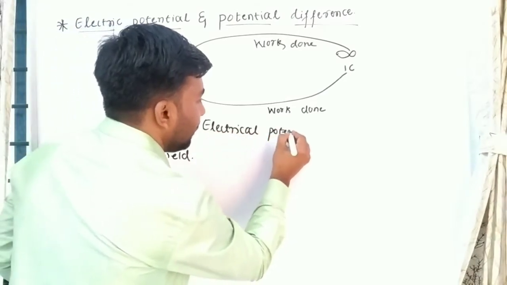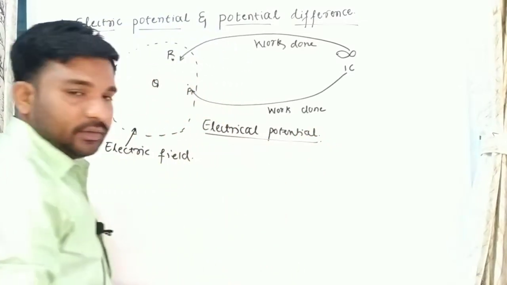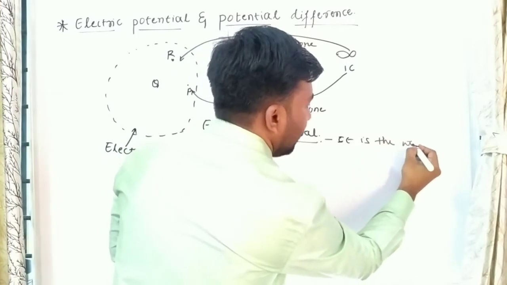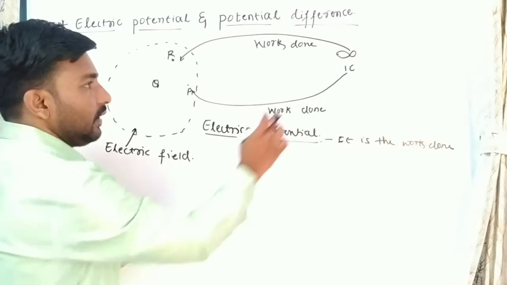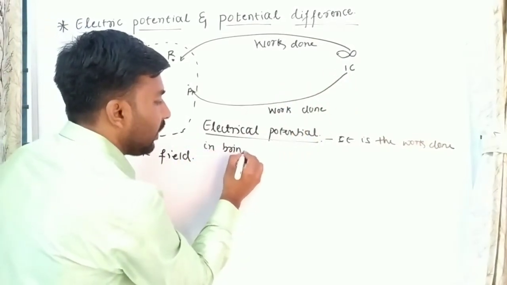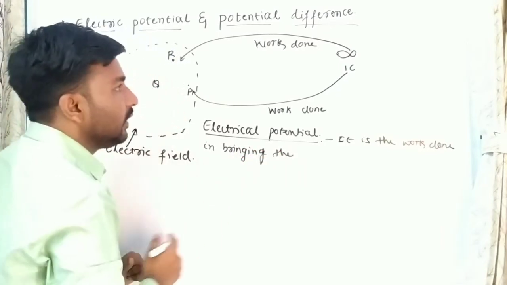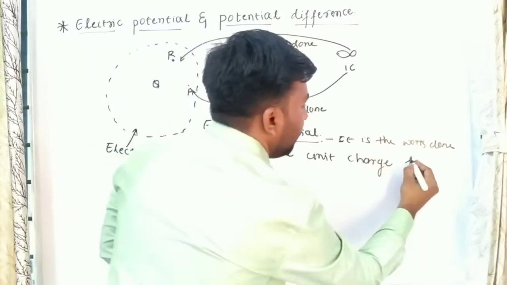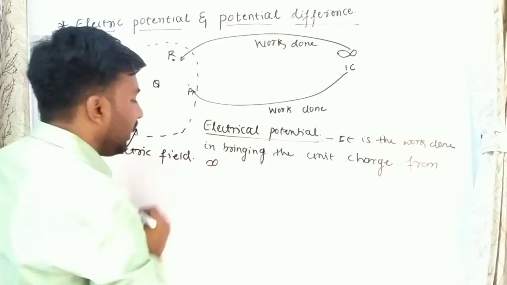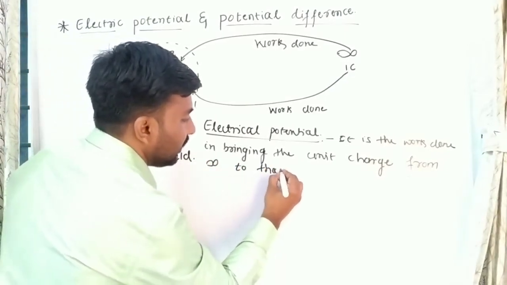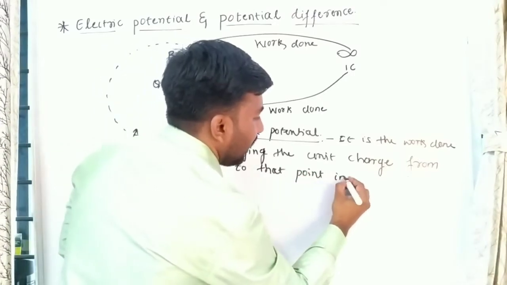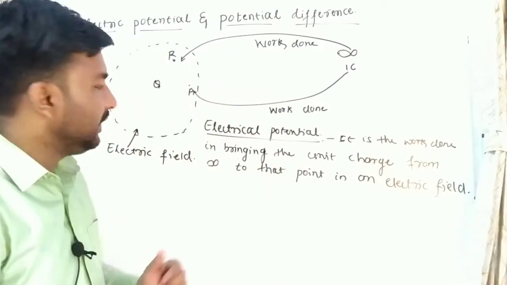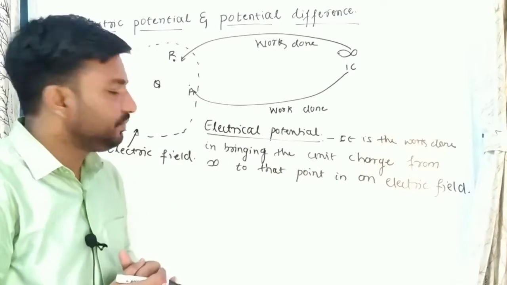Electric potential: it is the work done in bringing the unit charge from infinity to that point in an electric field. It is called electric potential.